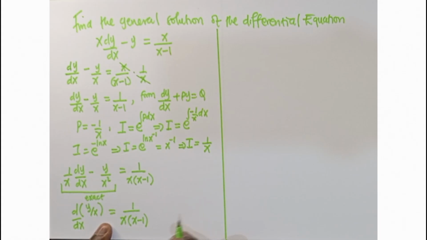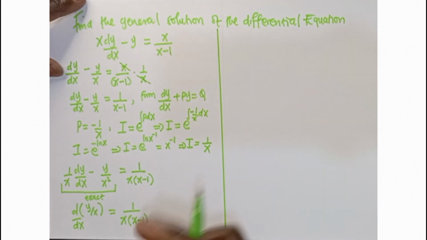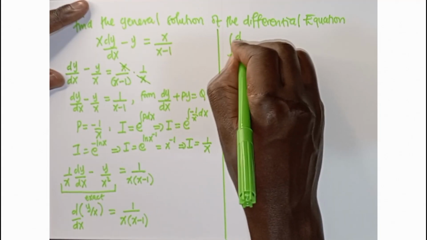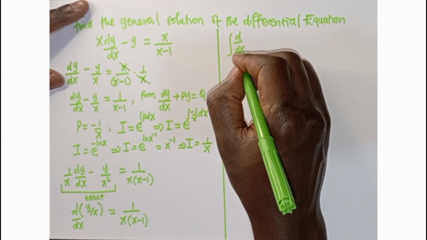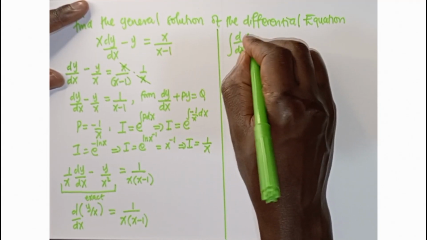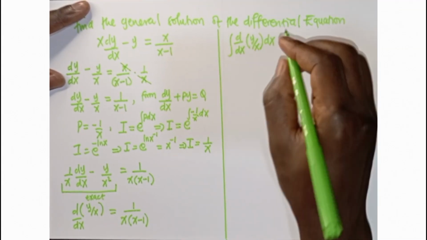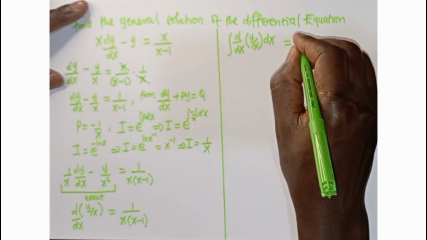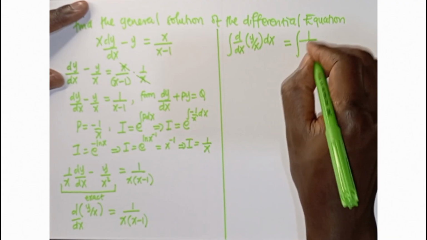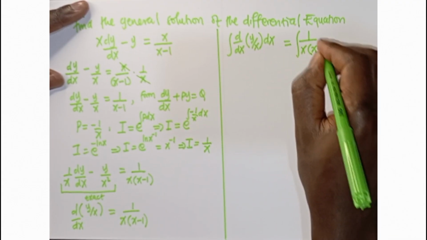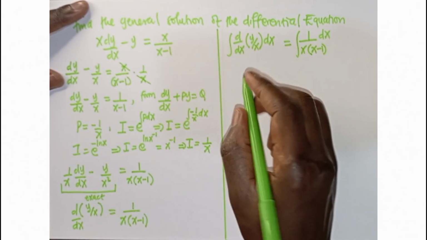The next thing we do is to integrate on both sides. Integrating with respect to x, the integral of d of y out of x will be equal to the integral of 1 out of x into x minus 1 dx.